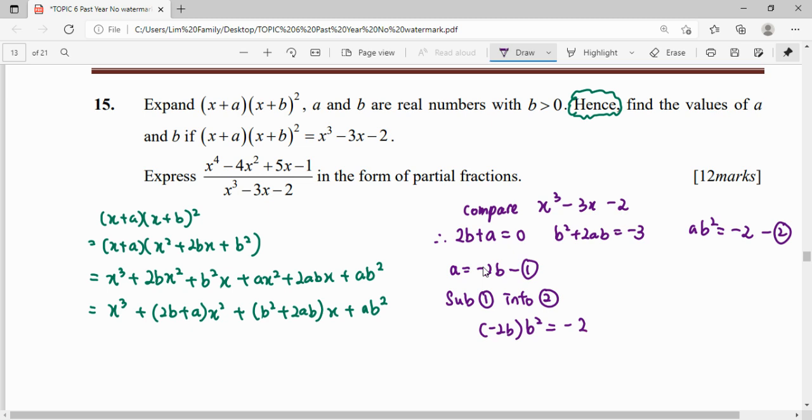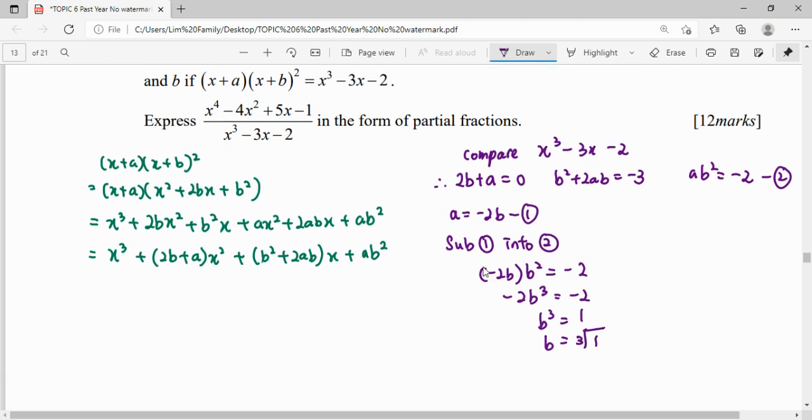We can notice that negative 2b³ equals negative 2, b³ equals 1, so b will be the cube root of 1, which equals 1. Once we get b equals 1, we substitute into equation 1 to get a, which is negative 2. So that will be our first task.